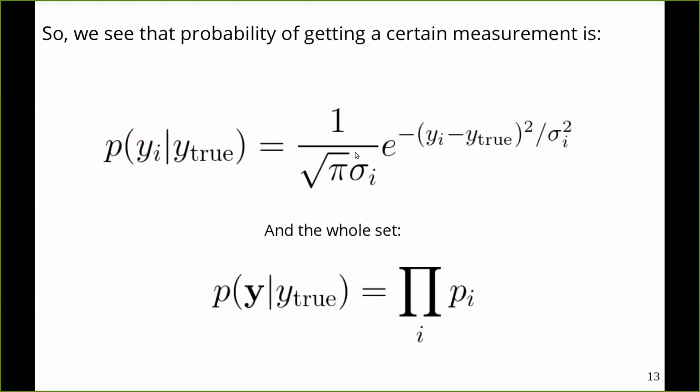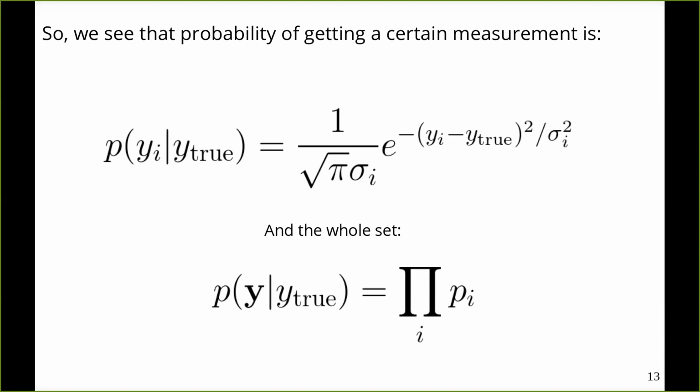Okay, then we can see the probability, and now let's get used to the notation that I'm using here. What is this P, and then in brackets we have yi, vertical line, y true equals so on. This means the probability of getting the value yi given the value y true.